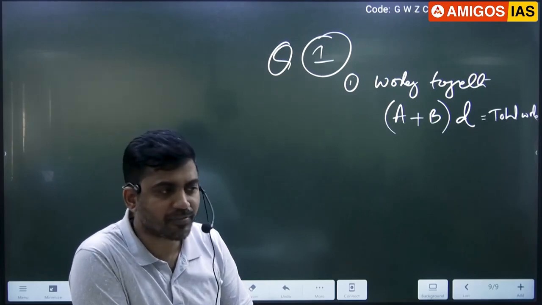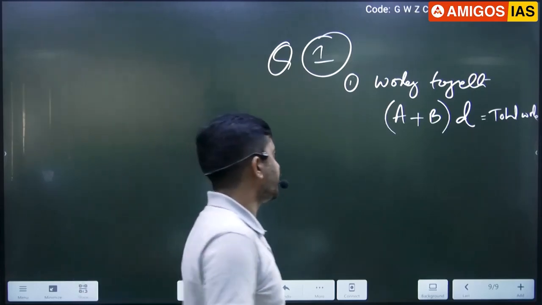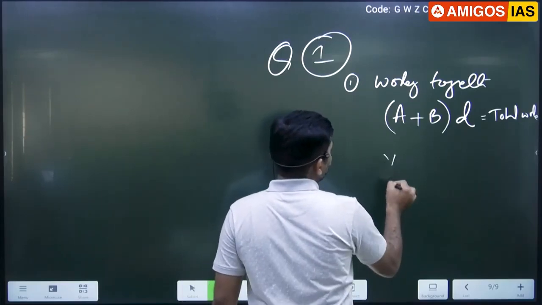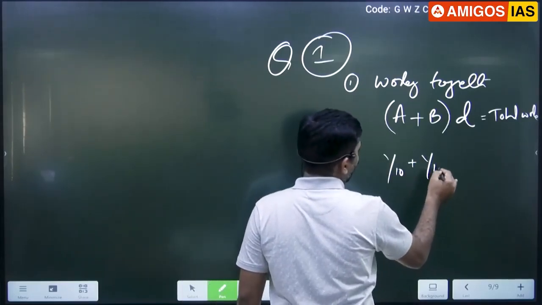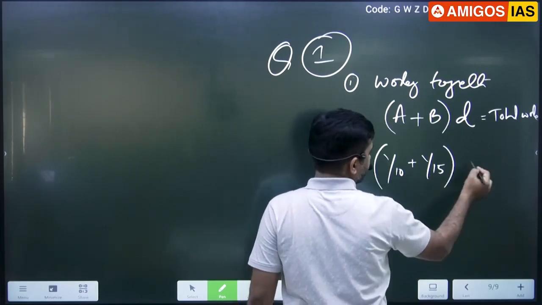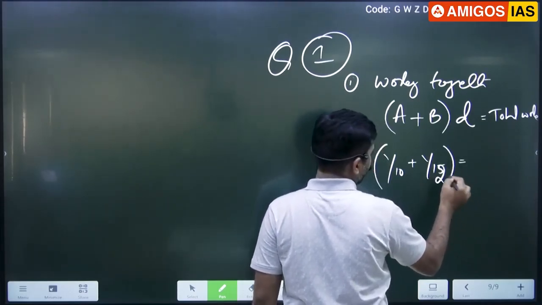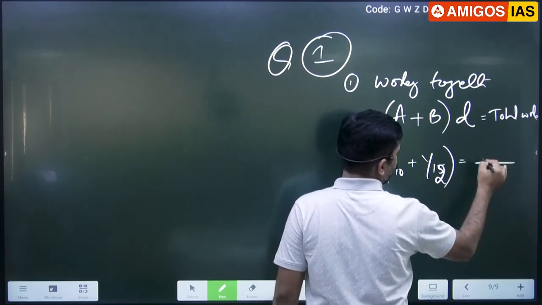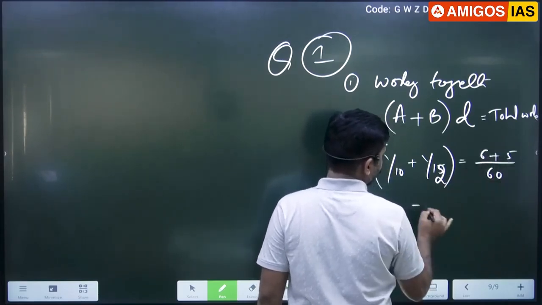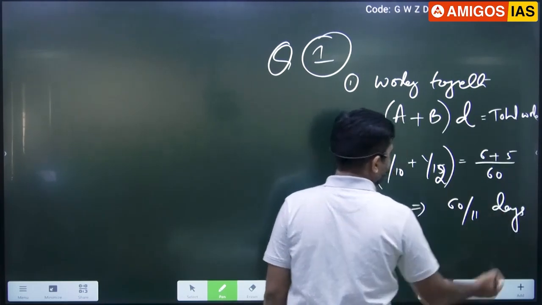Chalo, tell me what is the first answer? 60 by 11. Very good. So 1 by 10, 1 by 12, simplify this. 60, 6 plus 5. Answer 60 by 11 days.